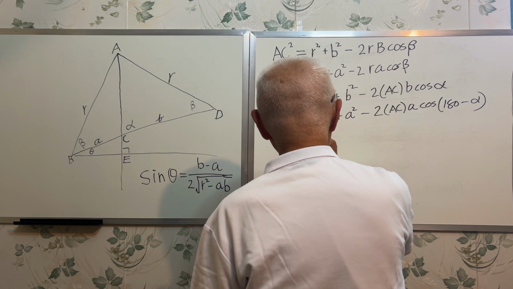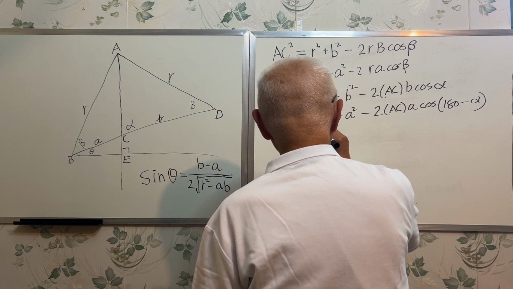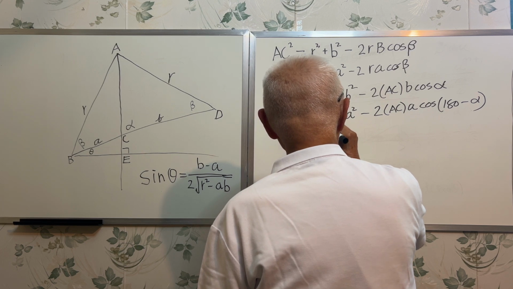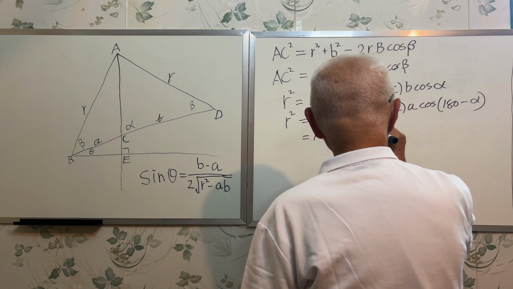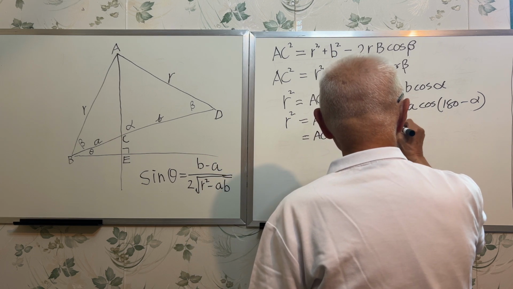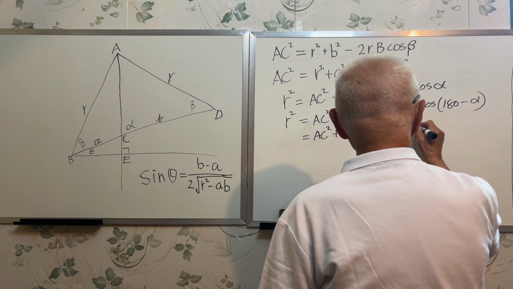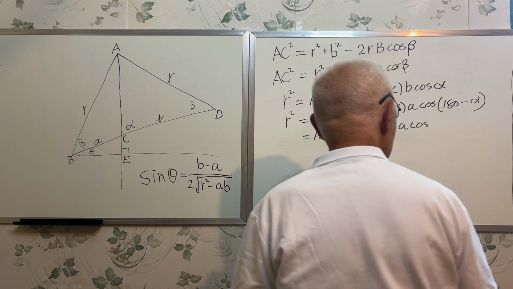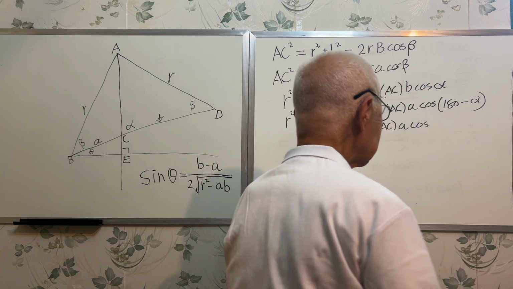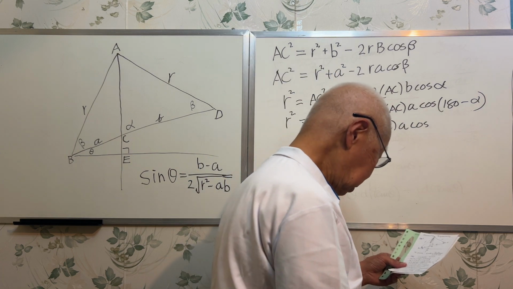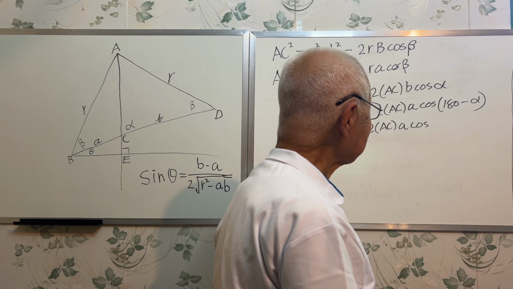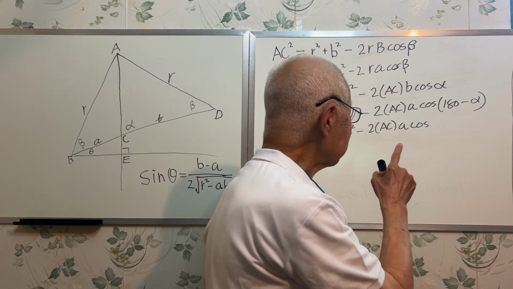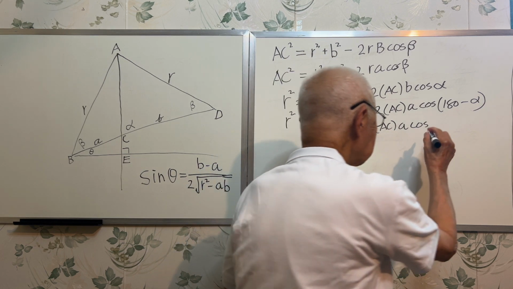What is cosine 180 minus alpha? Cosine 180 minus alpha is negative cosine alpha.